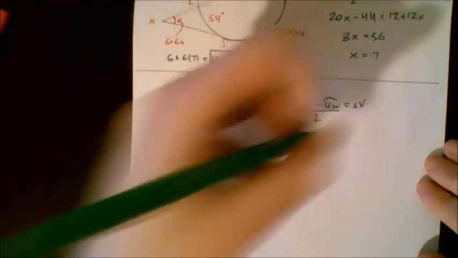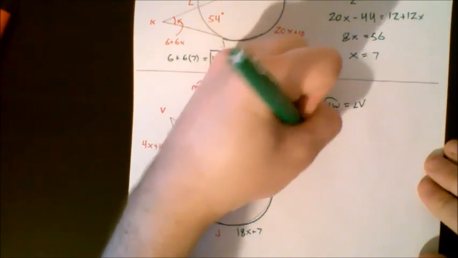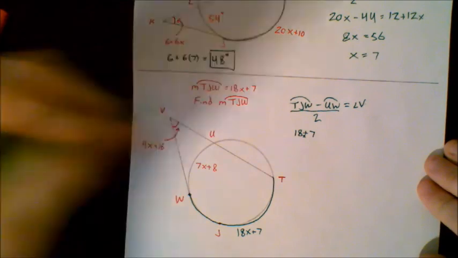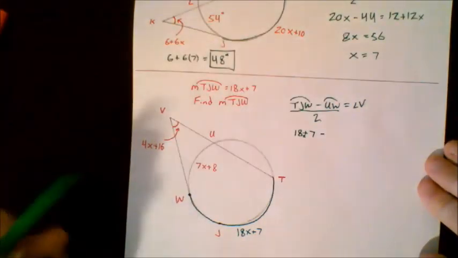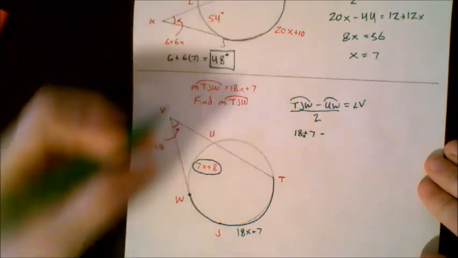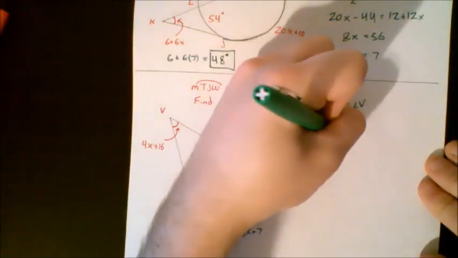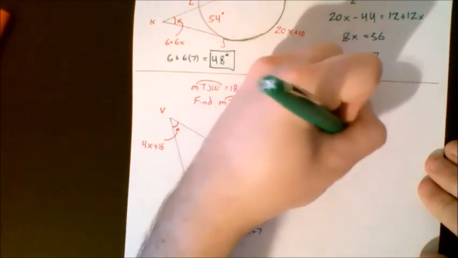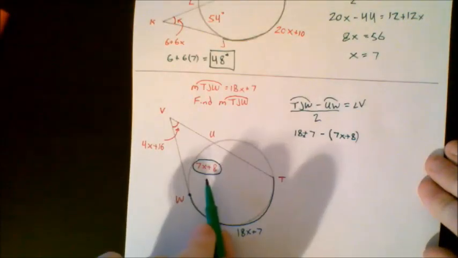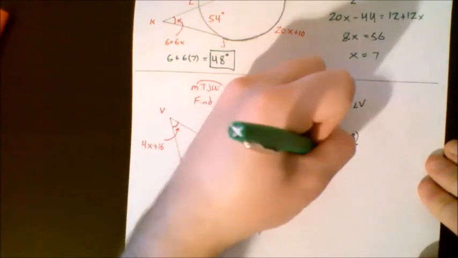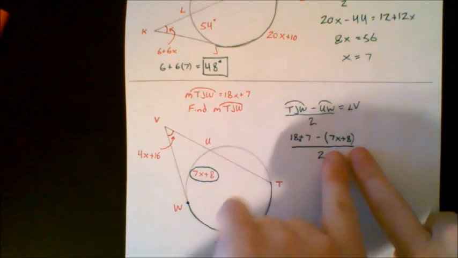So let's plug in everything we know. 18x plus 7 minus arc UW. Keep in mind, this entire thing is arc UW, so we are subtracting the entire thing, 7x plus 8. Since there's multiple terms in this expression, we really need to surround it with parentheses because we are subtracting both of these things.